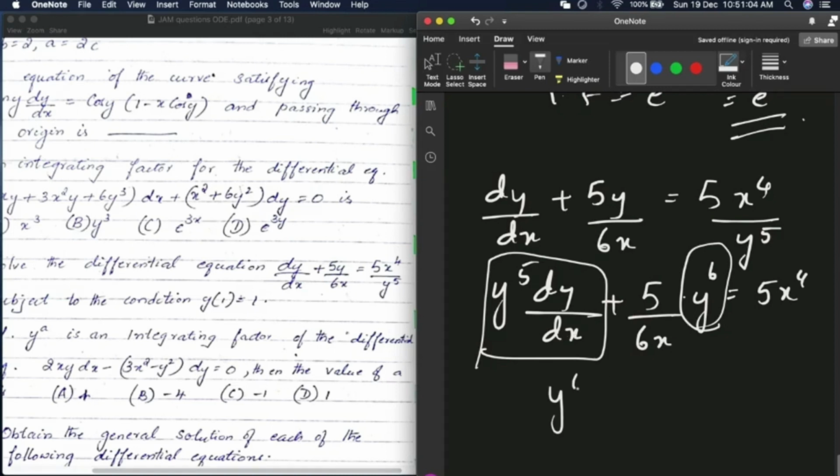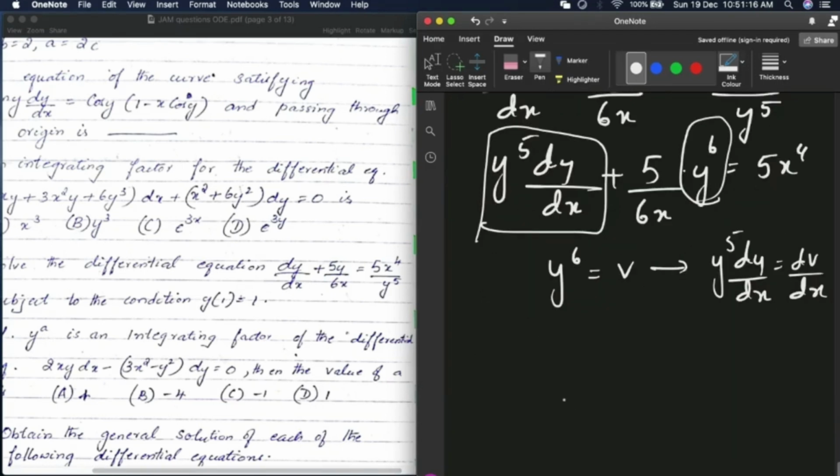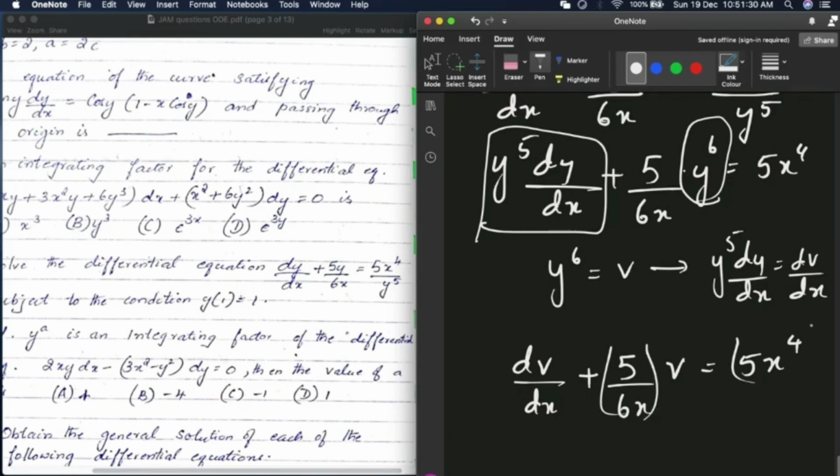If I put y raised to 6 equal to v, I get y raised to 5 dy by dx as dv by dx. So the equation reduces now to dv by dx plus 5 by 6x into v is equal to 5x raised to 4. Now see, this is exactly what you want, no? It's now linear in v.